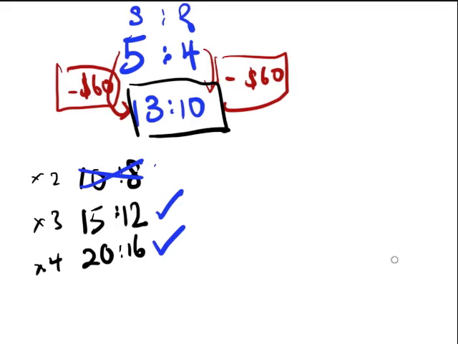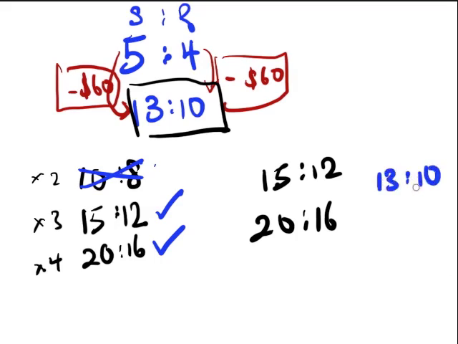But let's take a look at these two options, 15:12 and 20:16. And the ratio that it actually became was 13:10. So which one is the answer? Let's check this out. From 15 to 13, we minus by how many? By 2.